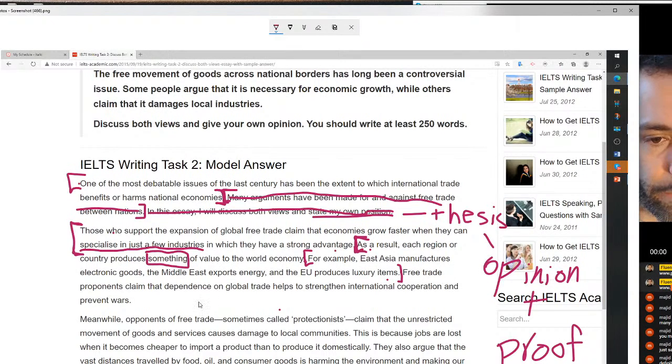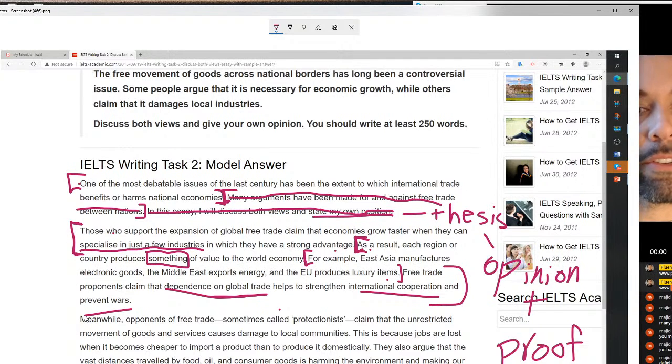"Free trade proponents claim that dependence on global trade helps to strengthen international cooperation and prevent wars." Whoa, what a big claim. So let me make sure I'm understanding. You're saying that because we have global trade, we have better cooperation, and we prevent wars. I think those are great ideas.